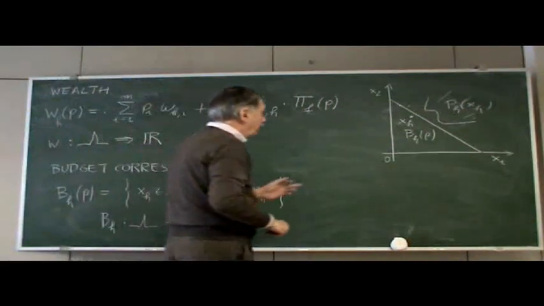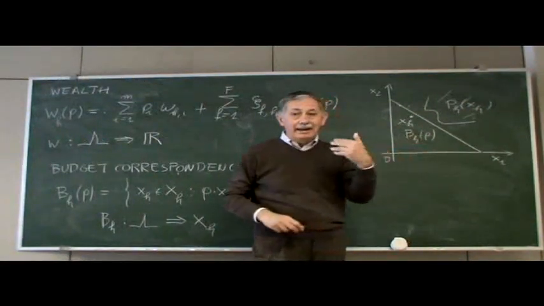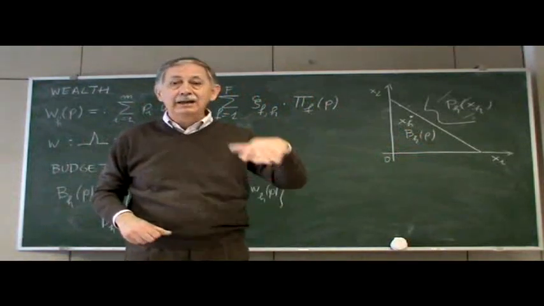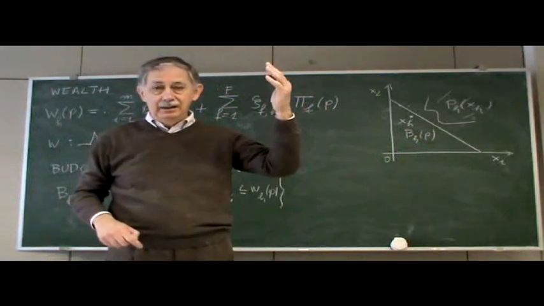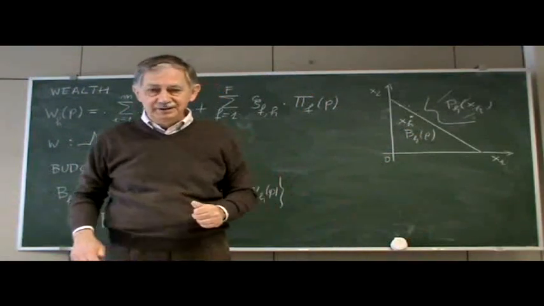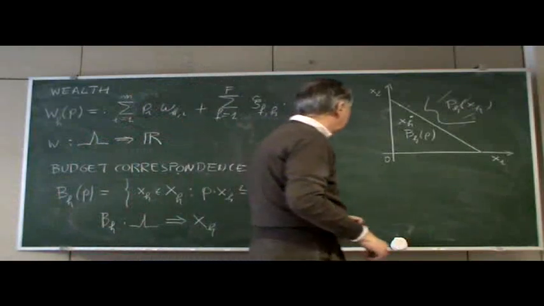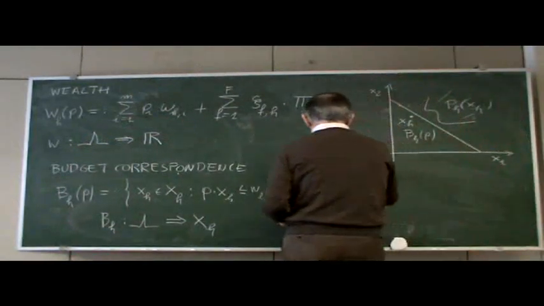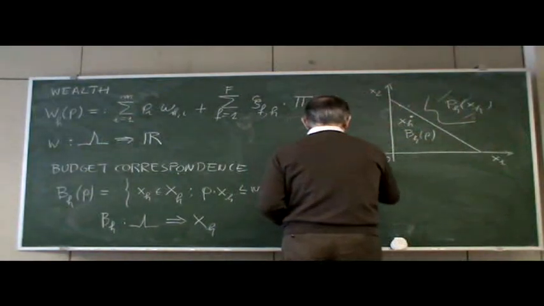In other terms, with respect to this XH, it is impossible to find any better bundle according to the consumer's preferences. Is it clear? In this way, you can define the demand correspondence.